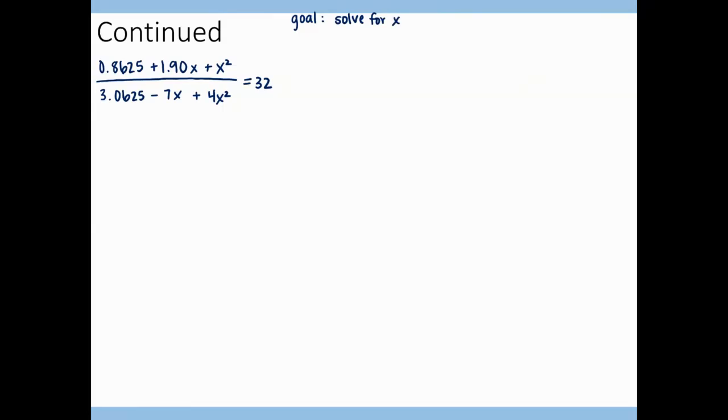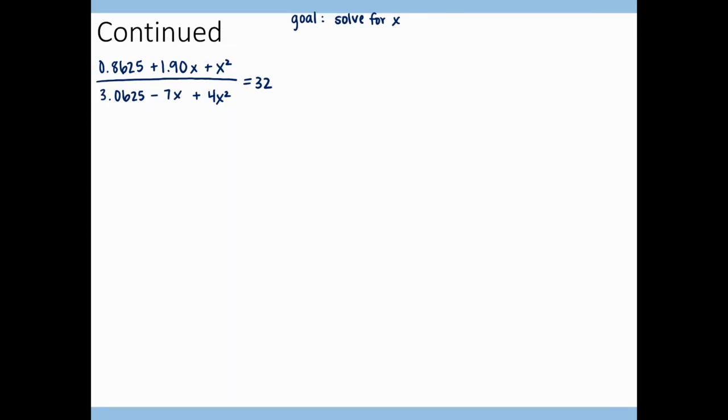Now, if we have an equation with an x and an x squared, do you remember how to solve for the x value? The quadratic formula. We're going to have to use the quadratic formula. Remember from algebra, and then we'll be able to solve for x using the quadratic formula.